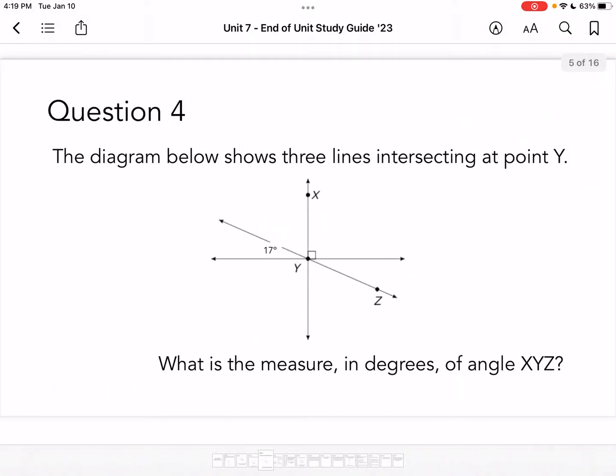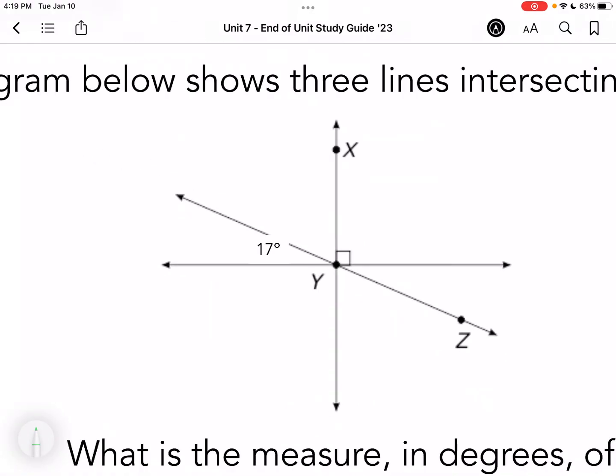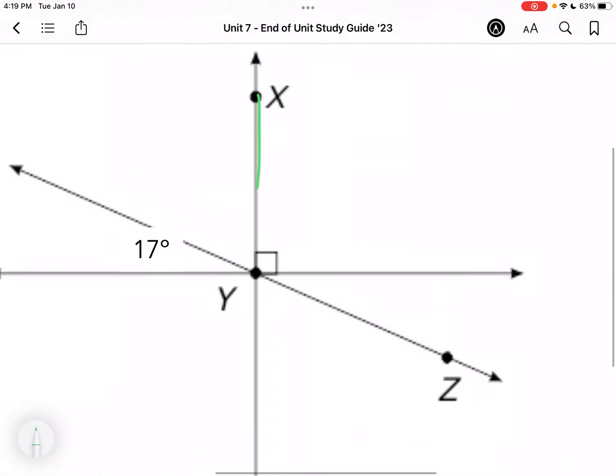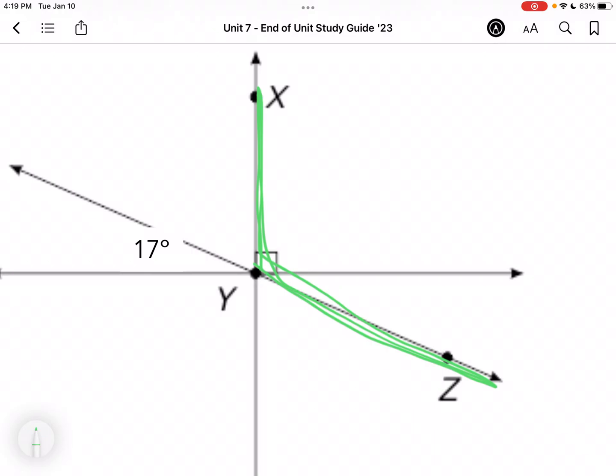All right, in the diagram, it shows 3 lines intersecting at point Y. What is the measure in degrees of angle XYZ? So XYZ. So they want that angle right there. Well, I know this is 90.